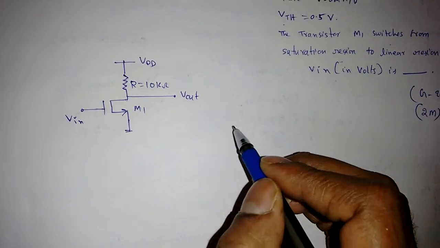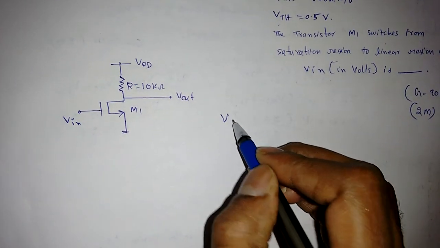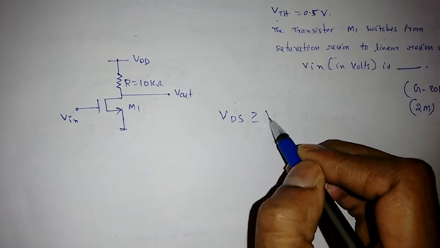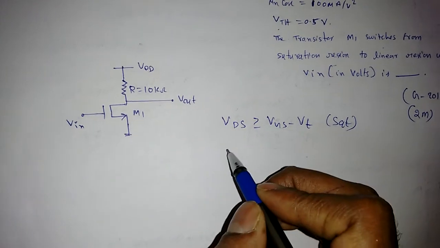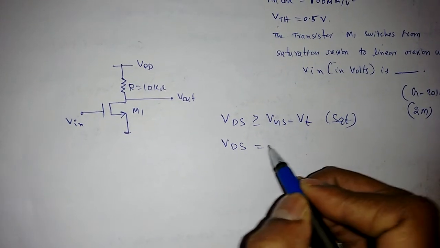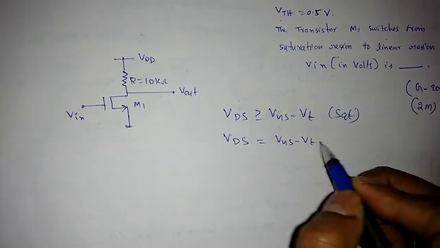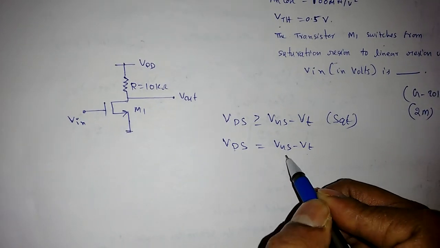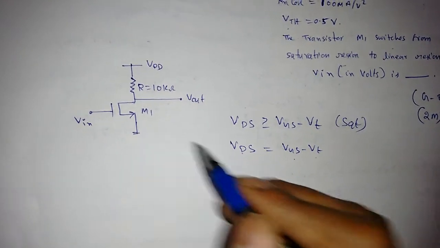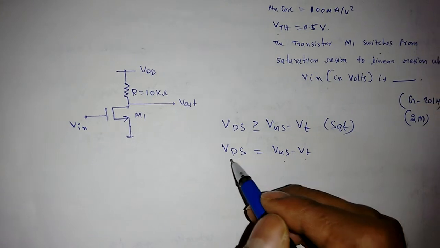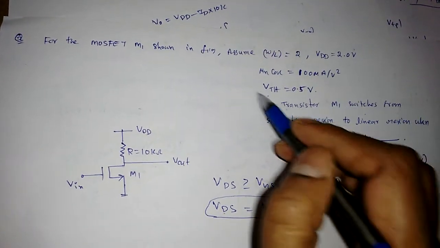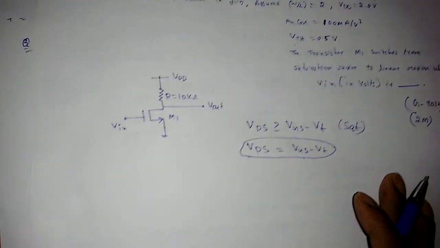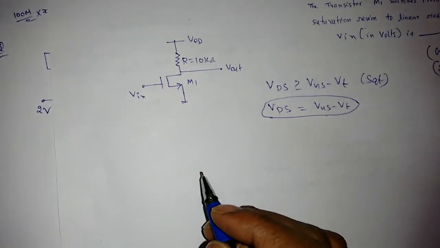The first one is VDS greater than or equal to VGS minus VT for saturation region. That means the minimum voltage VDS should be VGS minus VT. If VDS is less than this, the transistor will switch to linear region. So if I find this expression using these values, we can find the Vin for the saturation to linear region.